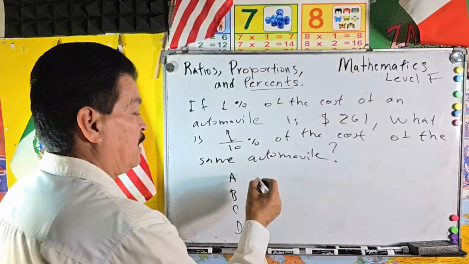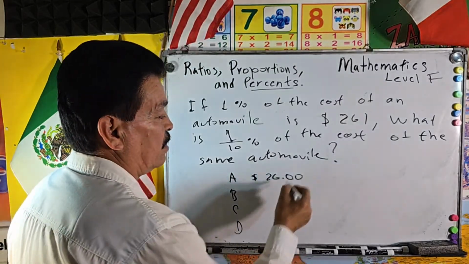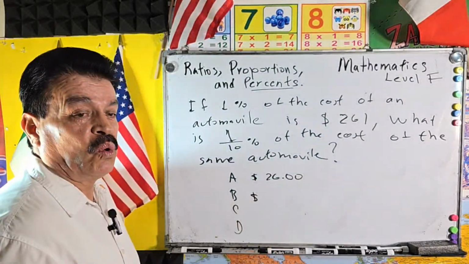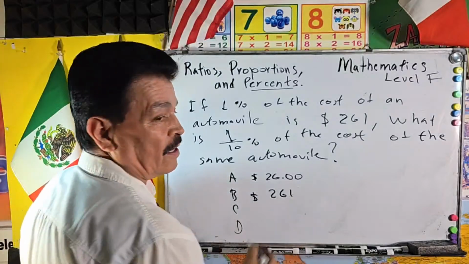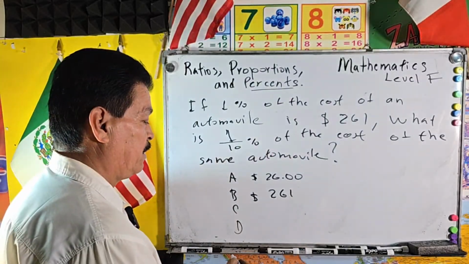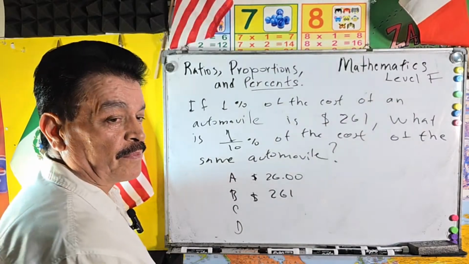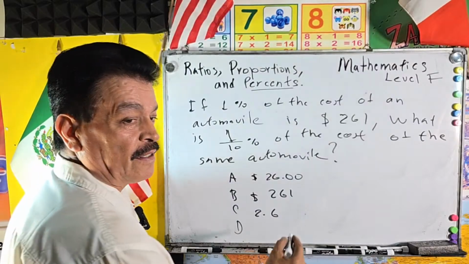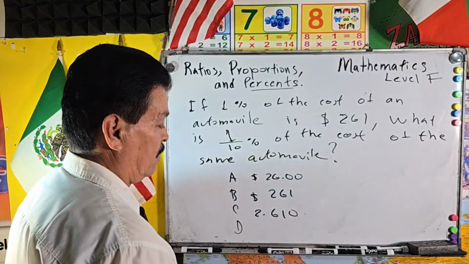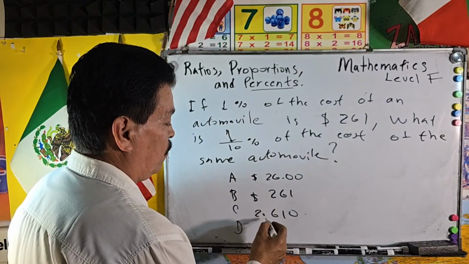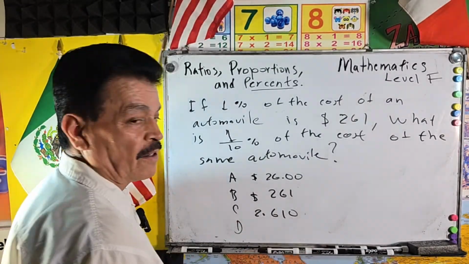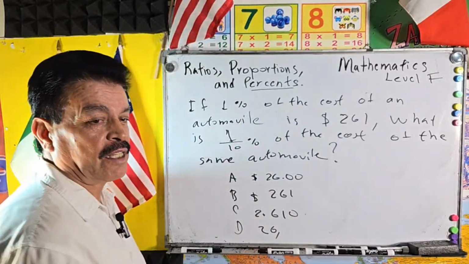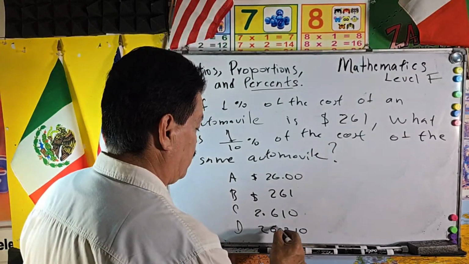So answer A is $26. Answer B is $261. And then answer C is $2.6, $10, $610, and then $26,210.